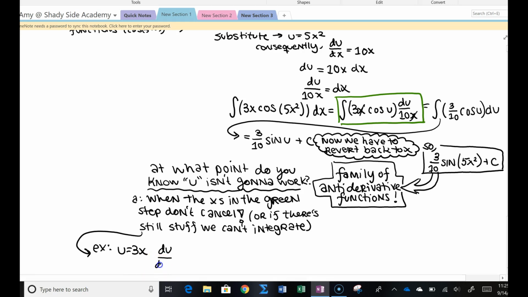Fail, right? So your first time through, you should find yourself picking wrong u's and seeing you have gotten nowhere. That process of picking wrong u's helps you get better at picking the correct u's.